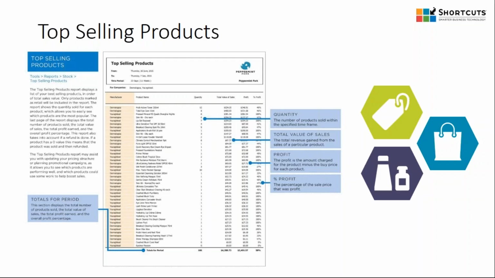The last page of the report displays the total number of products sold, the total value of sales, the total profit earned, and the overall profit percentage. This report also takes into account if a refund is done. If a product has a zero value, it means that the product was sold and then refunded. The top selling product report may assist you in updating your pricing structure or planning promotional activity to help boost sales.